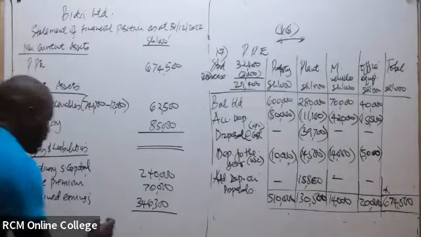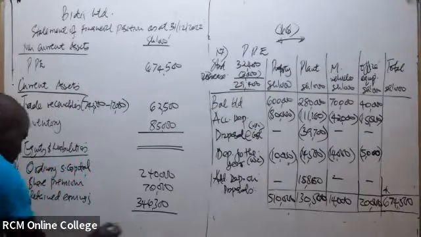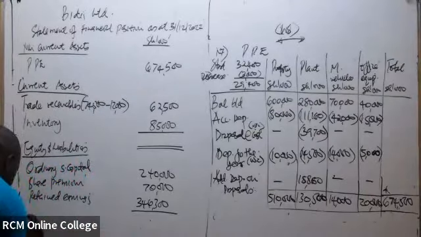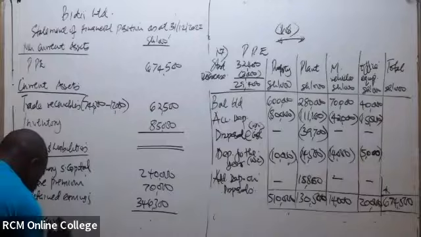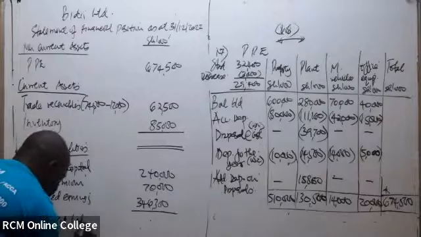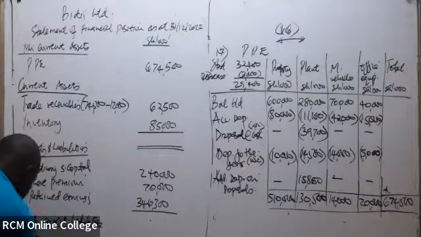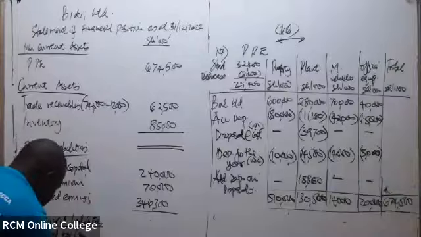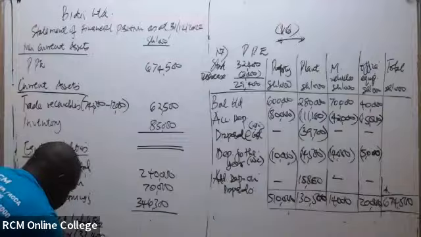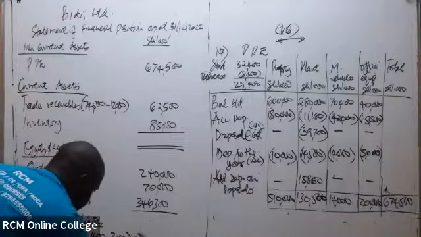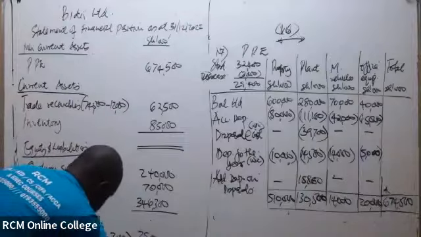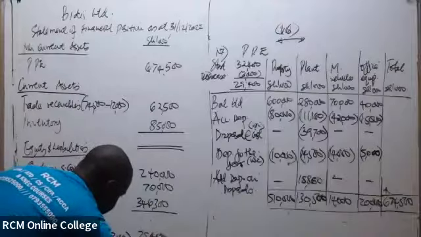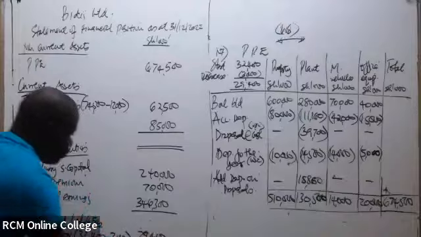So in the non-current liabilities, we have deferred tax, which will be 32,400,000 minus 3 million, which ends up being 29,400.